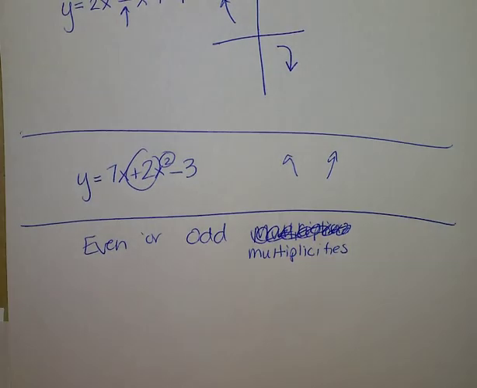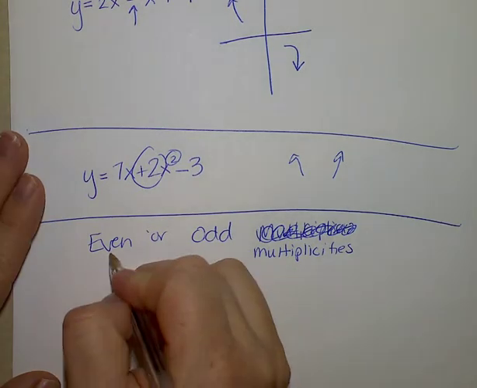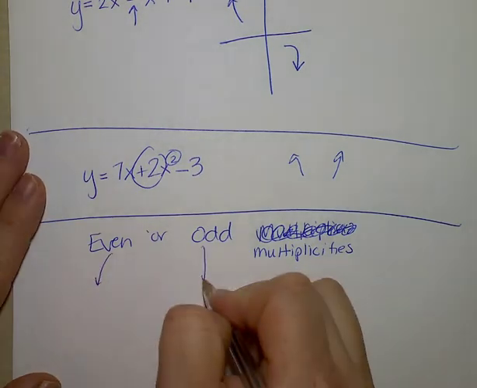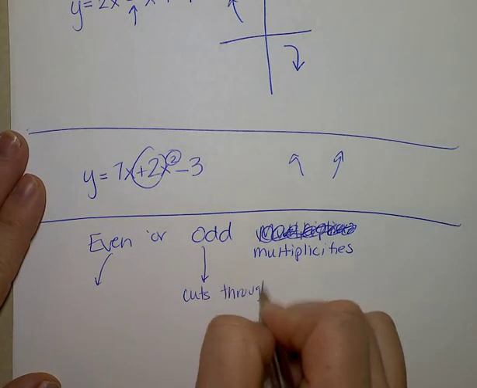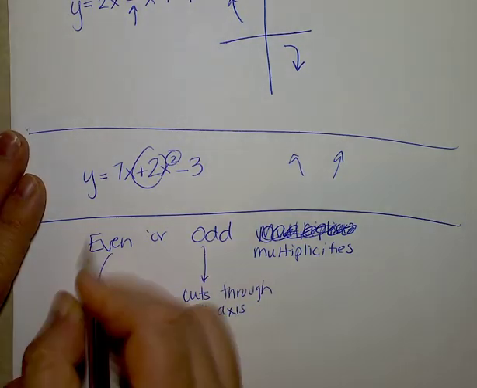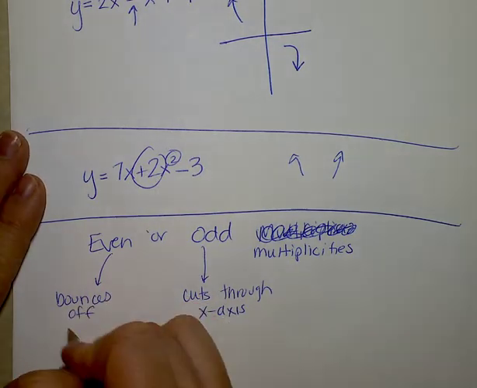Now this is something where kids get it within 3 seconds or it may take a few minutes because it's analyzing, you're not doing any work. Here's what this means. Odd means it cuts through the x-axis. Even means it bounces off the x-axis.